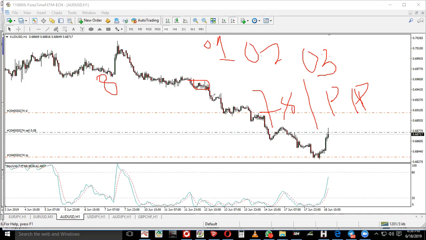Then 1.0 means $10 per pip. Now, this 1.0 means you are buying 100,000 units.